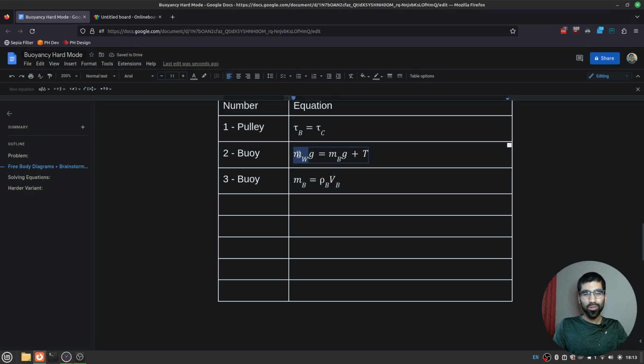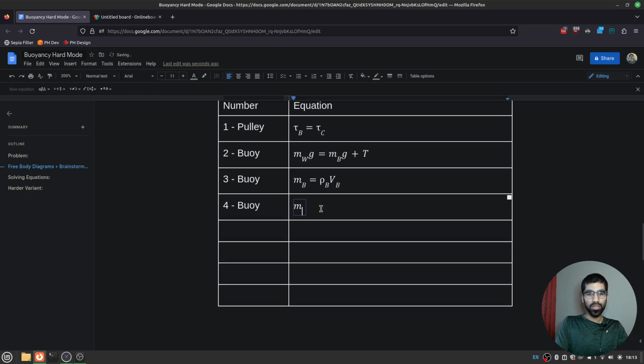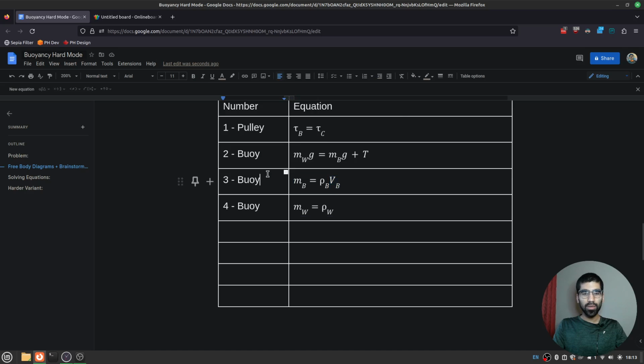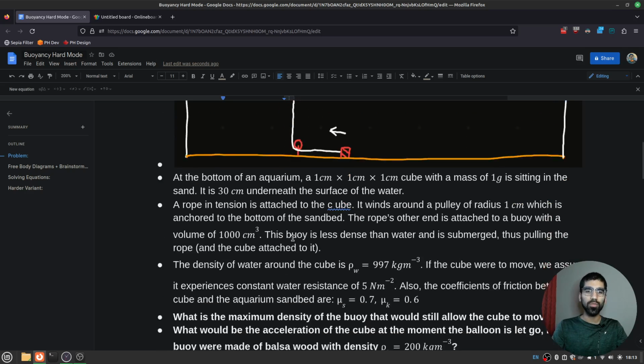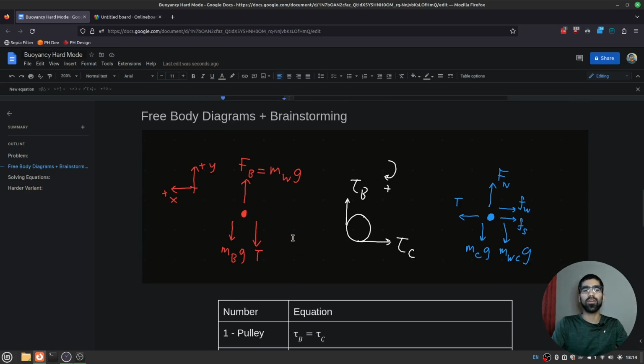For the mass of the water displaced by the buoy, that's going to be different. It's going to be equal to the density of the water times, again, the volume of the water displaced. Now the volume of the water displaced is the same thing as the volume of the buoy, because all of the water that would have been inside this volume here is now no longer inside that volume because the buoy is pushing it away.